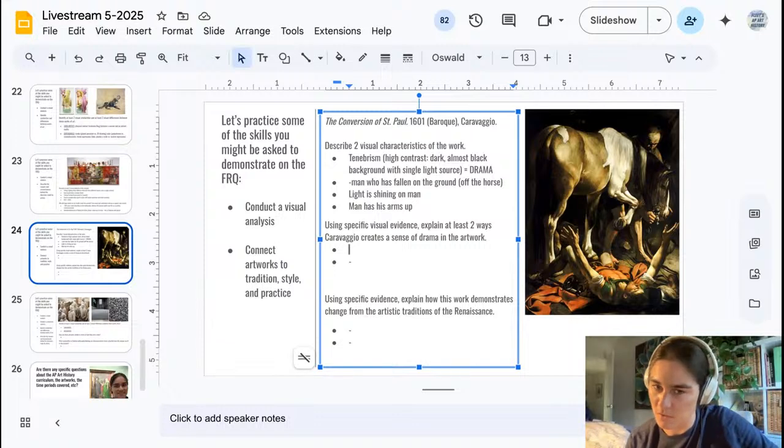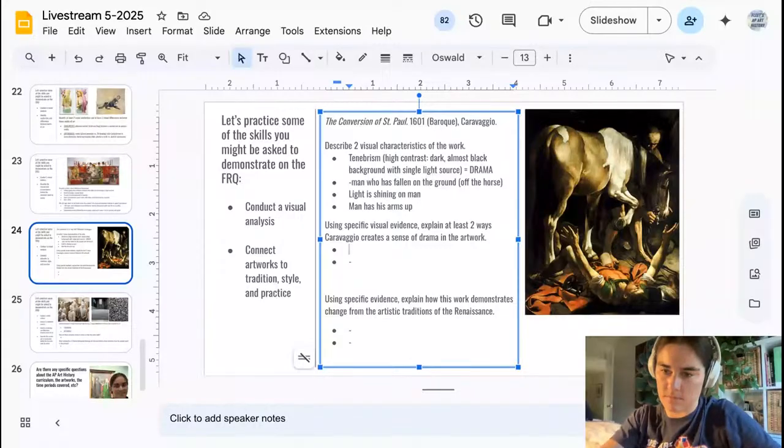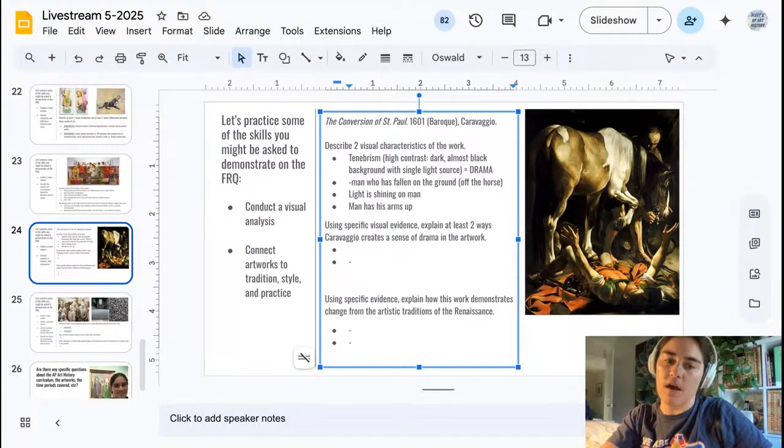Whenever you have something coming right up against the edge of a canvas like this, there's a lot of tangents, for example, in Self-Portrait as a Soldier, right? This is creating tension, right? So in terms of creating a sense of drama, we could refer to the use of diagonal lines. Good.